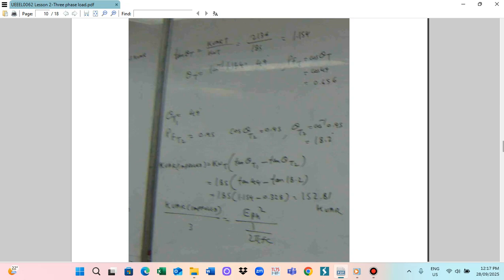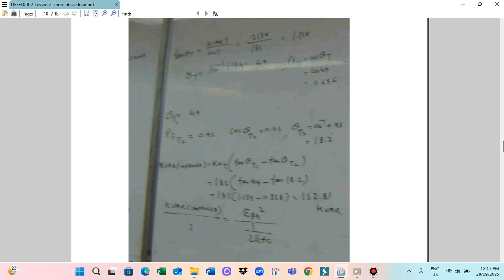Firstly, you can calculate the kVAR improve. So the kilowatt total is 185. The theta total 1 is 49. Tangent theta total 2 is tangent 18.2.